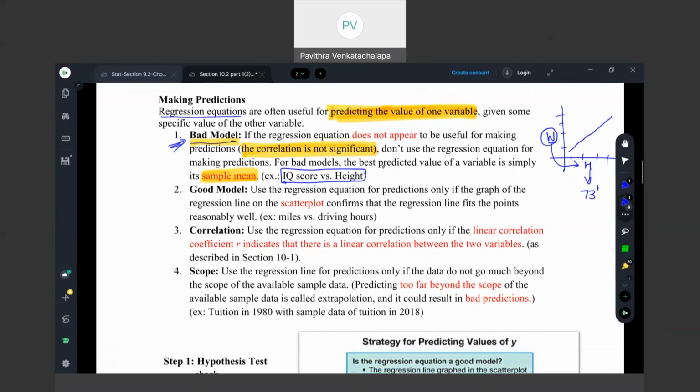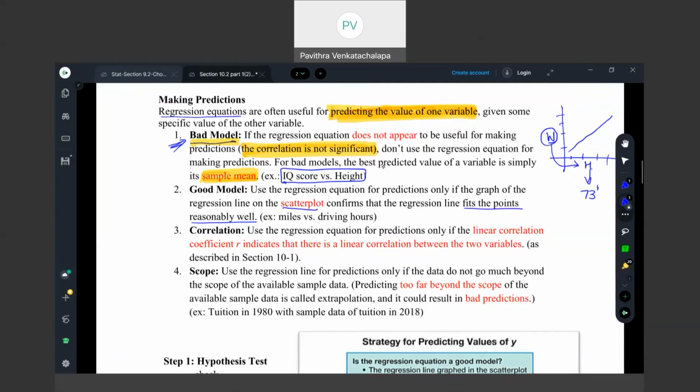Then what could be a good model? As you know, first we construct a scatter plot, and if that tells you it fits the points well, then we call that a good model, and also you will have a significant correlation, and hence you can build a regression equation to make predictions.